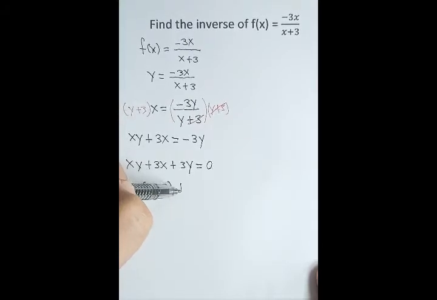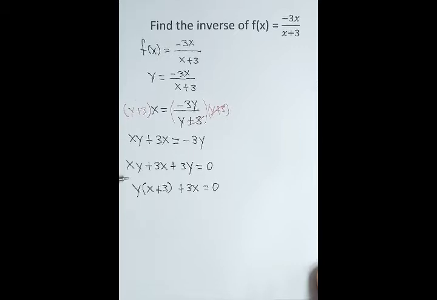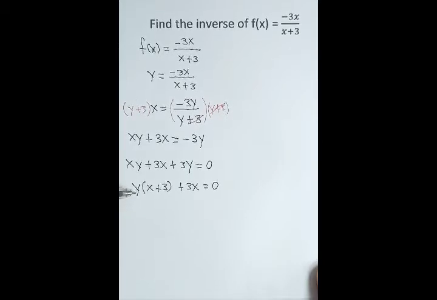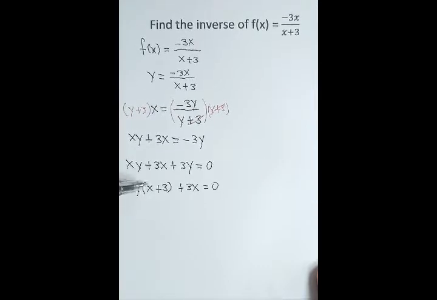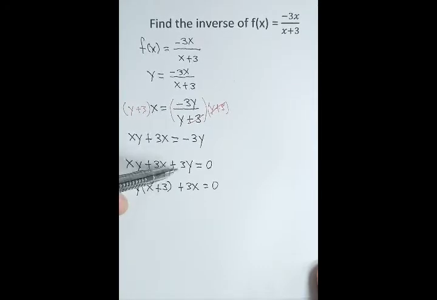So as is na siyang plus 3x equals 0. Okay? So na-factor out na to ang y. So sa xy mo na siyang x na bilin. So x times y is xy, and then y times 3 mo na siyang 3y.